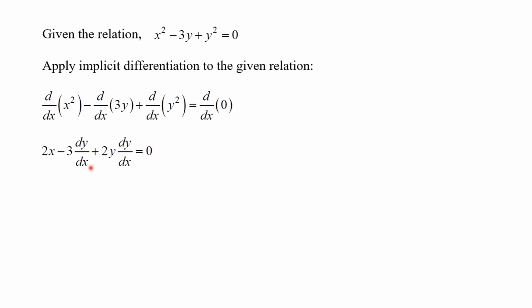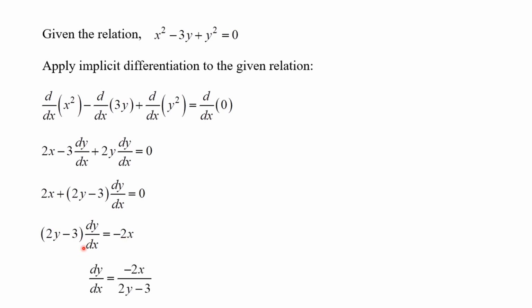Notice that these two terms have common derivative dy/dx, so let us factor dy/dx to get the following form: 2x plus (2y minus 3) dy/dx equals 0. We can now shift 2x to the right side, so (2y minus 3) dy/dx equals negative 2x, and then divide the whole equation by this factor 2y minus 3, so dy/dx equals negative 2x divided by 2y minus 3.